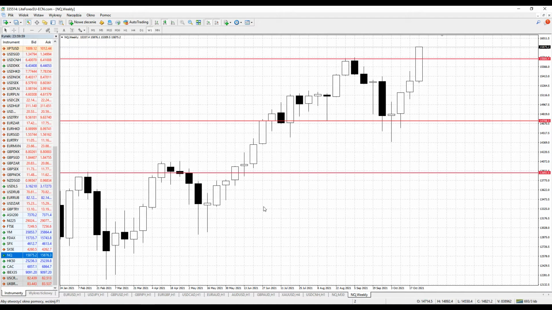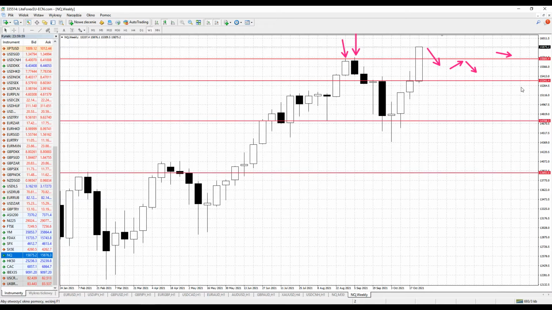So if I'm going to see a weekly close below that red line, 15,500, 15,600, then immediately I'm going to try to trade lower levels. How low can we go? Well, not that low. We have a swing high over here, and we are talking about levels close to 15,300, right? So that's going to be my first target.